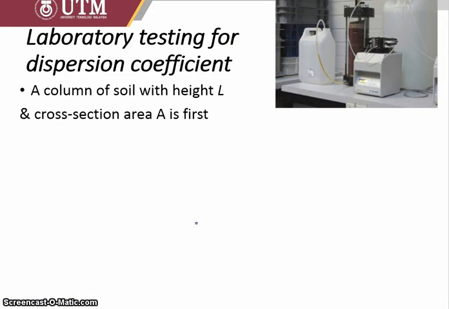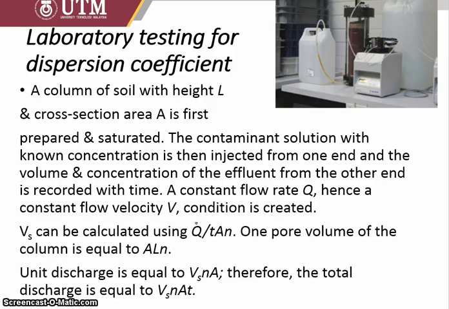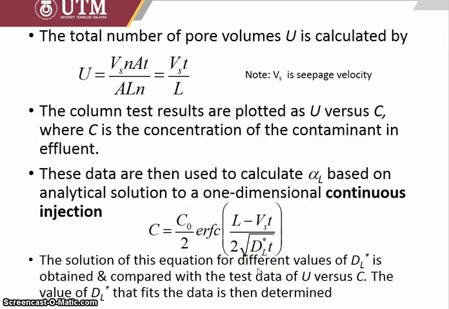This is the laboratory testing for the dispersion coefficient. By defining the pore volumes U, we can also suggest a coefficient and an equation for dispersion in one-dimensional continuous injection.